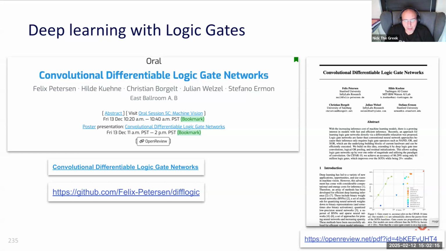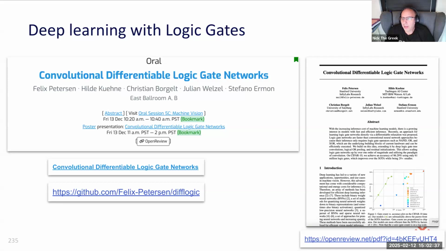So wouldn't it be lovely if we could represent the information in bits, as it does exist, and build deep learning networks in general with logic gates.